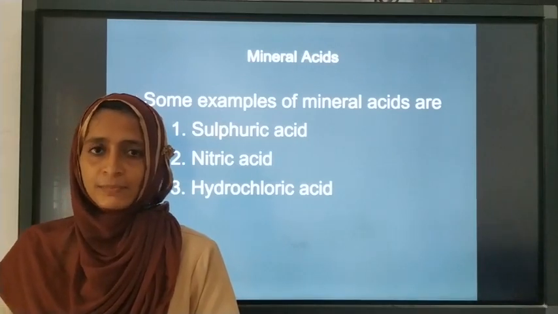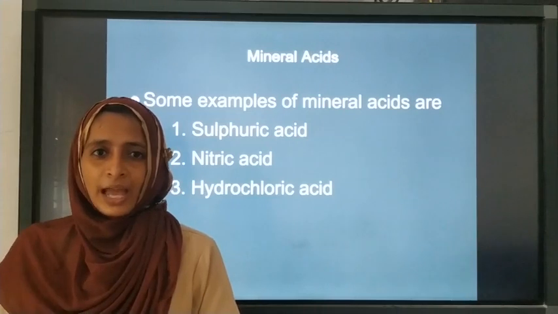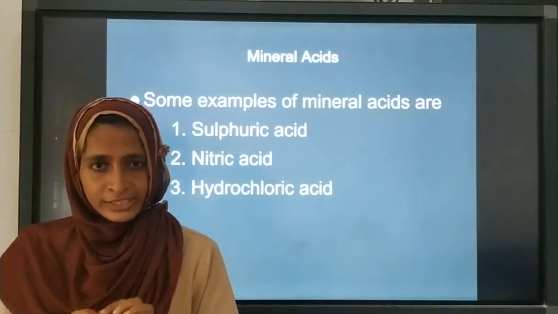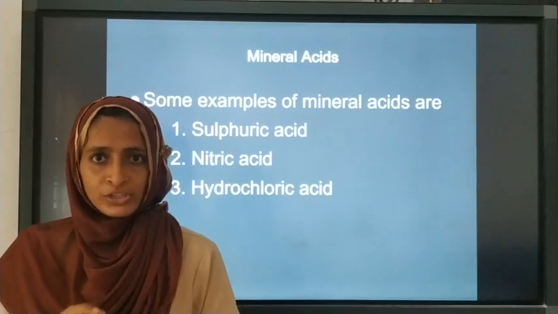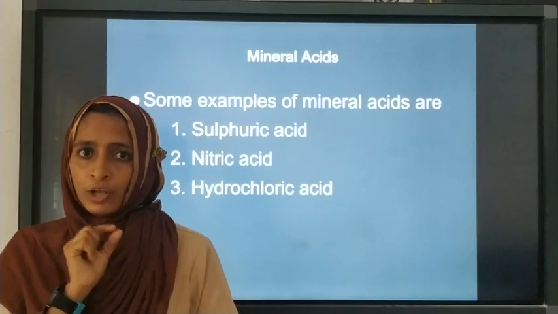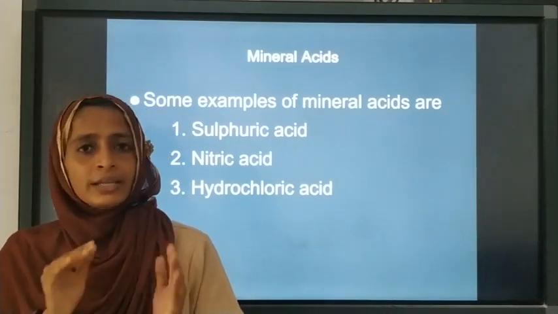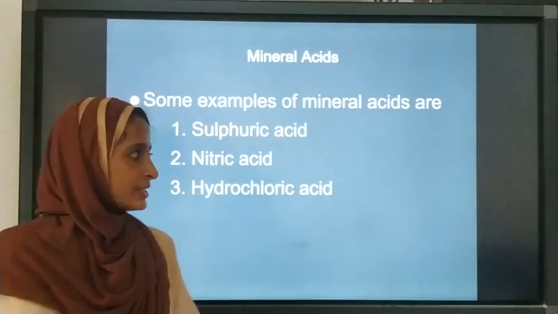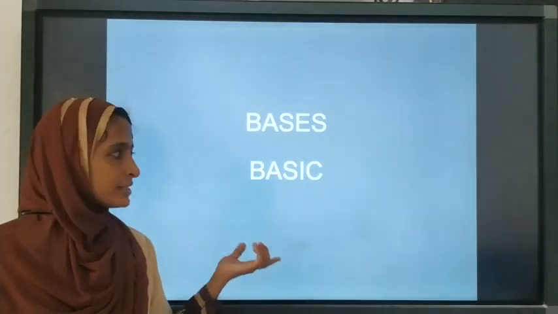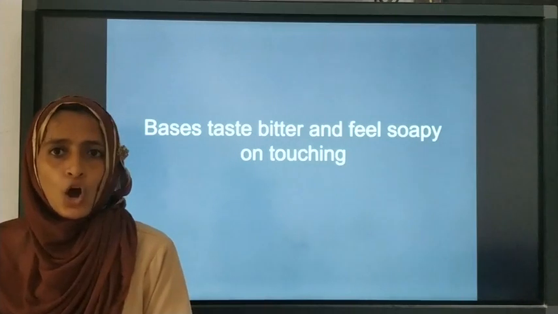If you take a pinch of baking soda, moisten it with water and rub it between your fingers, you will find that it also feels soapy. So those are the characteristics of bases. Bases are basic in nature, and they taste bitter and feel soapy on touching.